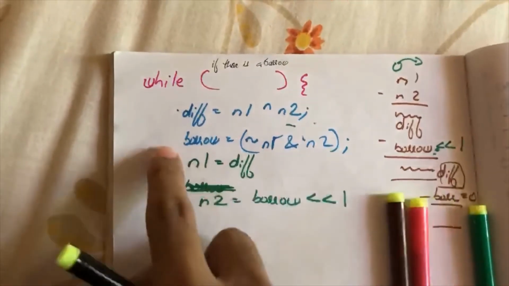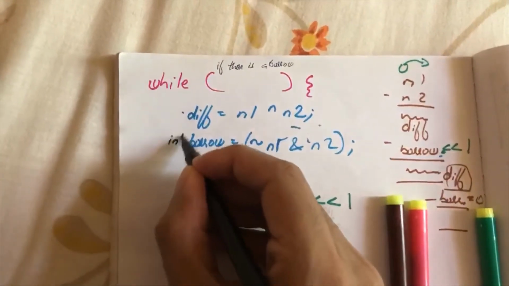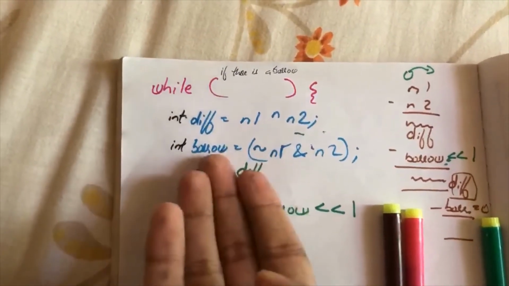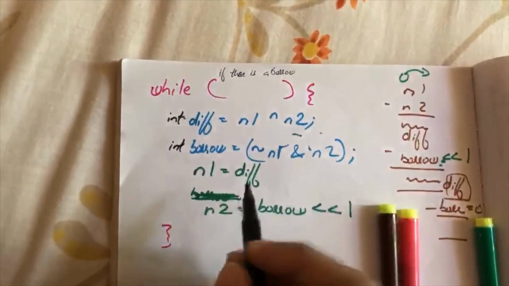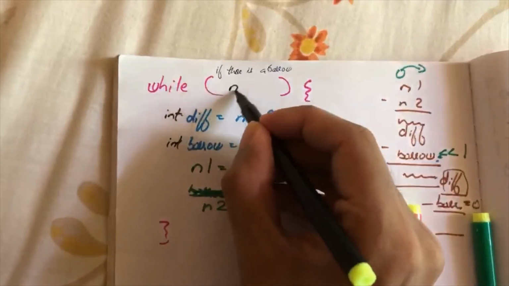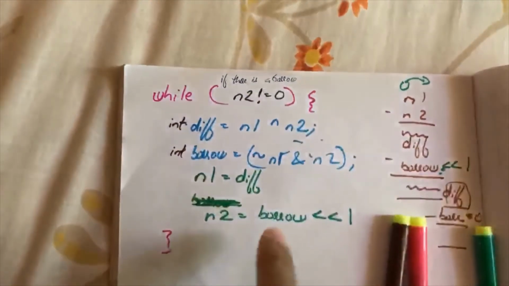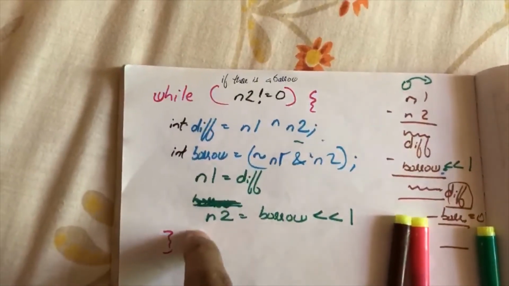The borrow is actually defined inside the loop. So because of that, we'll just write while n2 is not equal to 0. Why n2? Because borrow's value anyways you're giving it to n2.